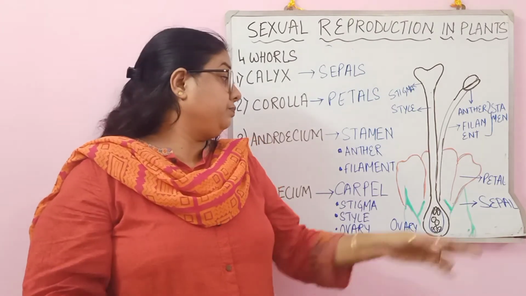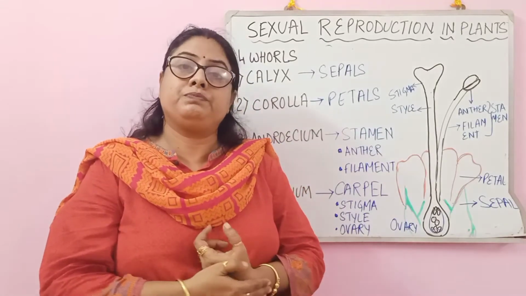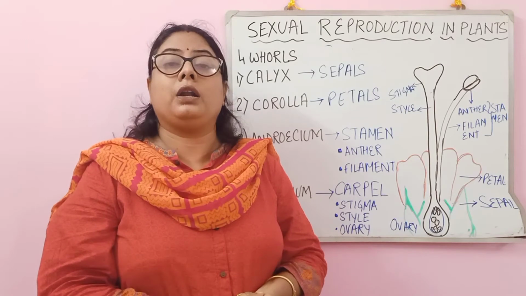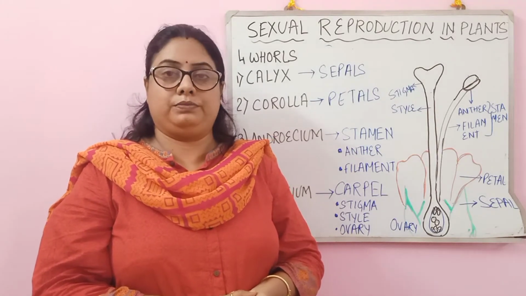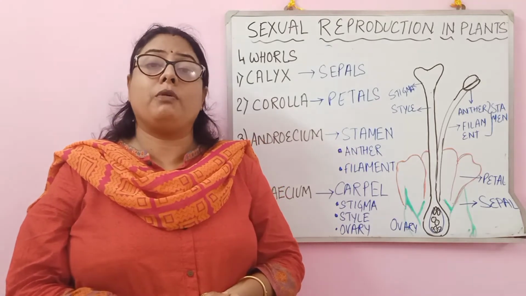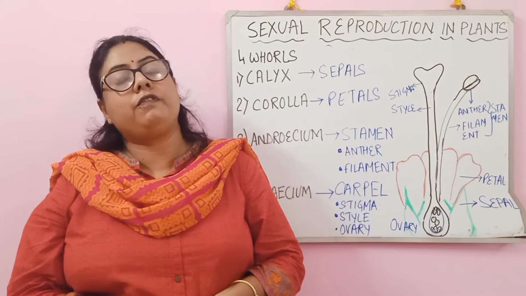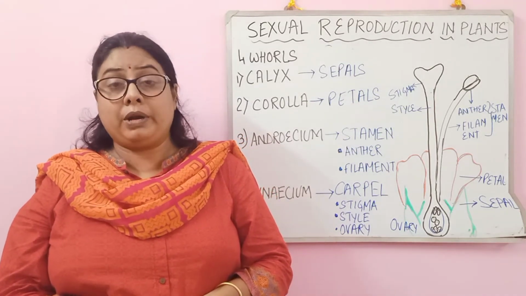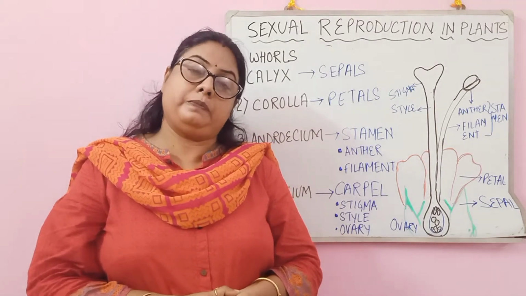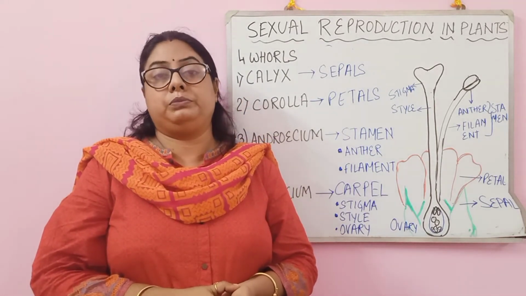Next is petals. The brightly colored petals, these petals taken together are known as corolla. The calyx and corolla form the non-essential part of the flower because they do not take part in reproduction directly. They are also called accessory whorls of the flower.